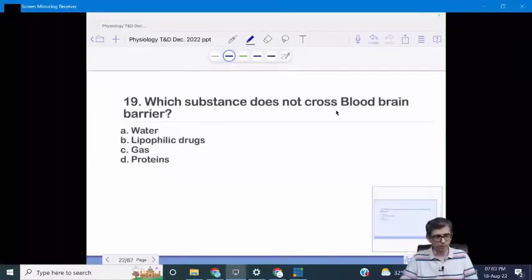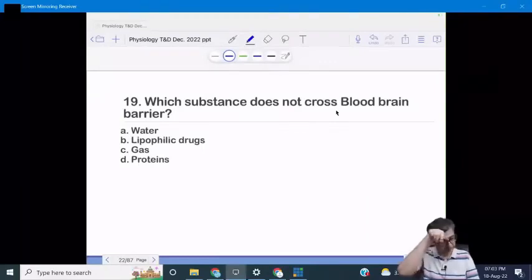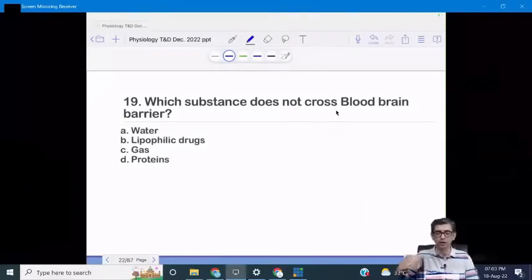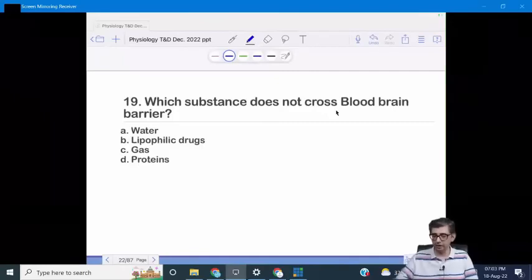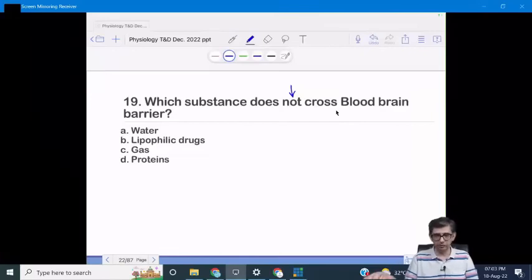Coming to question number 19. Which substance does not cross the blood-brain barrier? The word is "not" here. So the blood-brain barrier is freely permeable to glucose. It is permeable to water. But I think I've given half the inputs already.